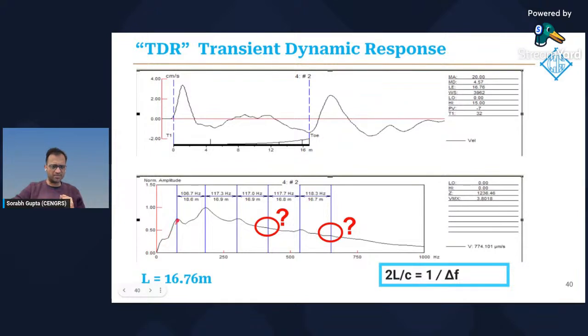This is good because if you plot the amplitude versus frequency, and you have reflections from the same defect, I find it quite useful to shift to the frequency analysis and check: is this a reflection, or are these two different defects? For the purpose of today's discussion, we will limit ourselves to the time domain analysis because that's easier and more common.